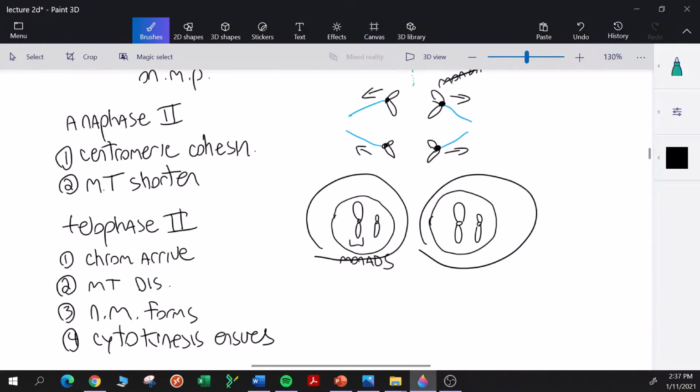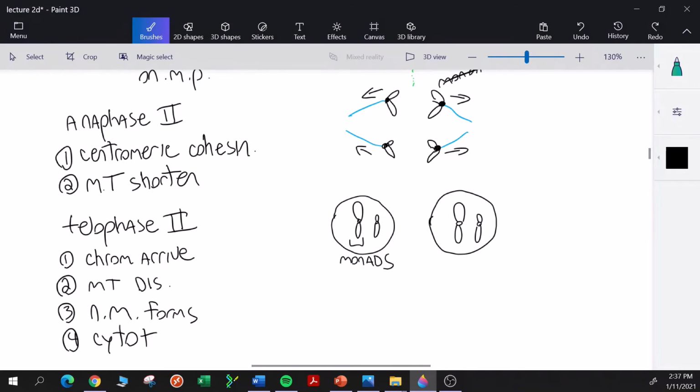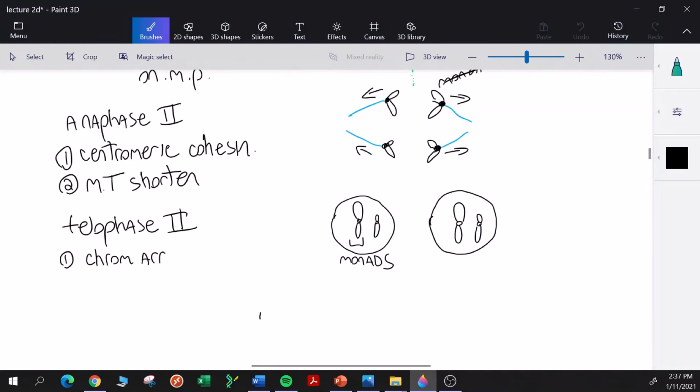Okay, so here we have two meiotic products right here. Now, one thing I want to point out is, let's compare these, and I'm just pointing out that this is a monad here. Again, a monad is just another name for a chromatid. So monad equals chromatid. I don't know why we have all these different names that mean the same thing.